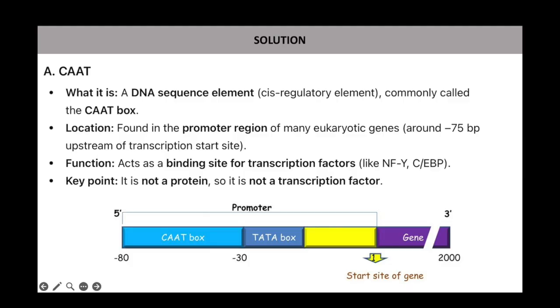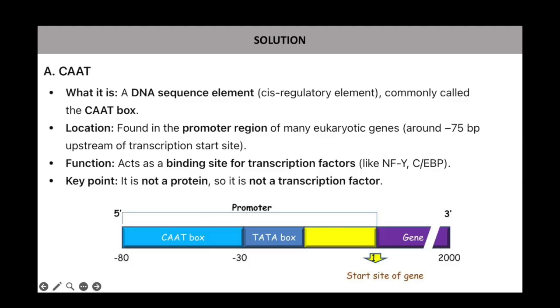First, at around 30 base pair, a TATA box is present, and at around 75 base pair, the CAAT box is present. Its important function is that it acts as a binding site for various transcription factors. It is not a protein, so it is not a transcription factor. It is a DNA sequence that allows the binding of a transcription factor, but CAAT itself is not a transcription factor.